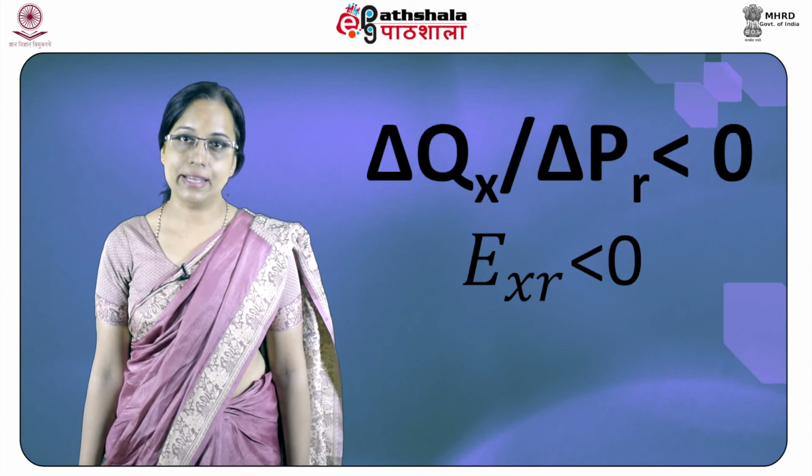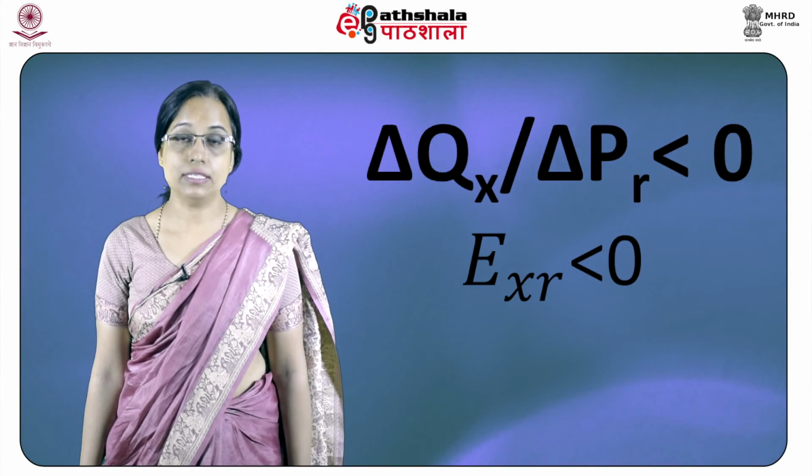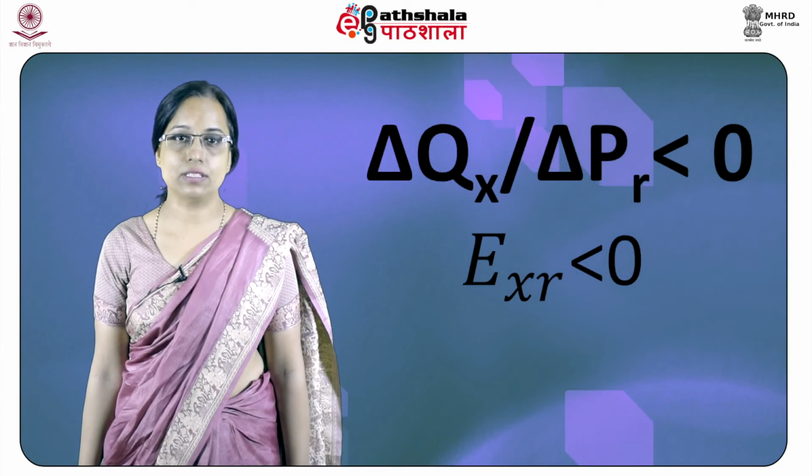That is, less of X is bought when there is a rise in the price of R. This implies that EXR is less than 0. Example, pen and refills are complementary goods. If the price of refills rises, then the demand for pens may fall. Note, for independent or unrelated goods, EXR would be close to 0.